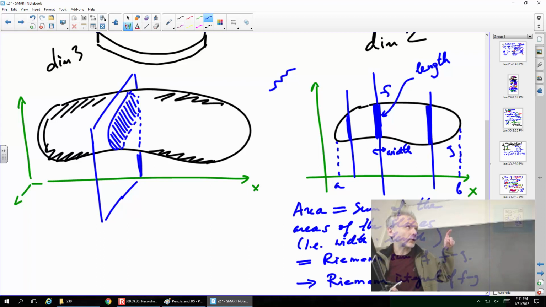So the lengths of those pencils, if you want to see those pencils, this is where my pencils are. Only their lengths are important. I could move them up and down and it wouldn't make any difference. So the lesson that we learn from here is that the area is determined by the lengths of the cross sections only.